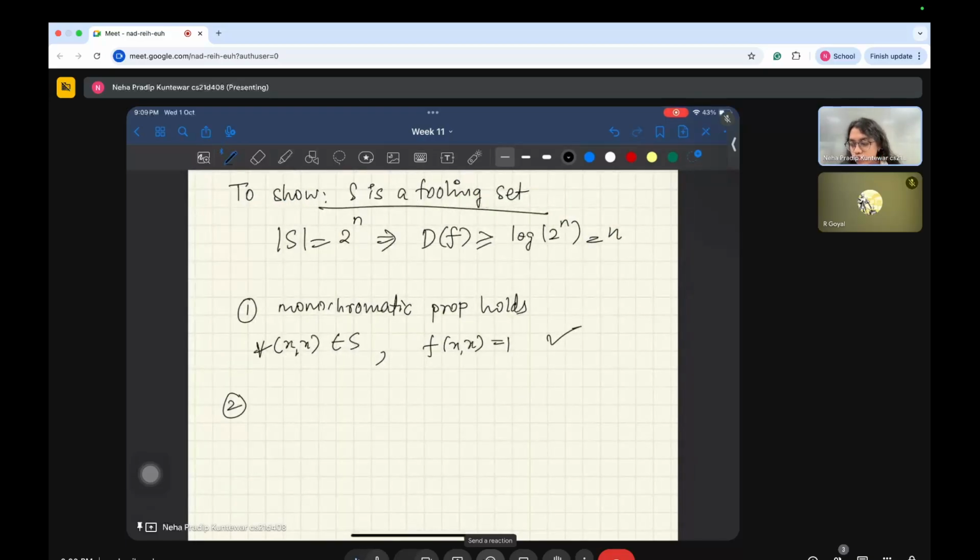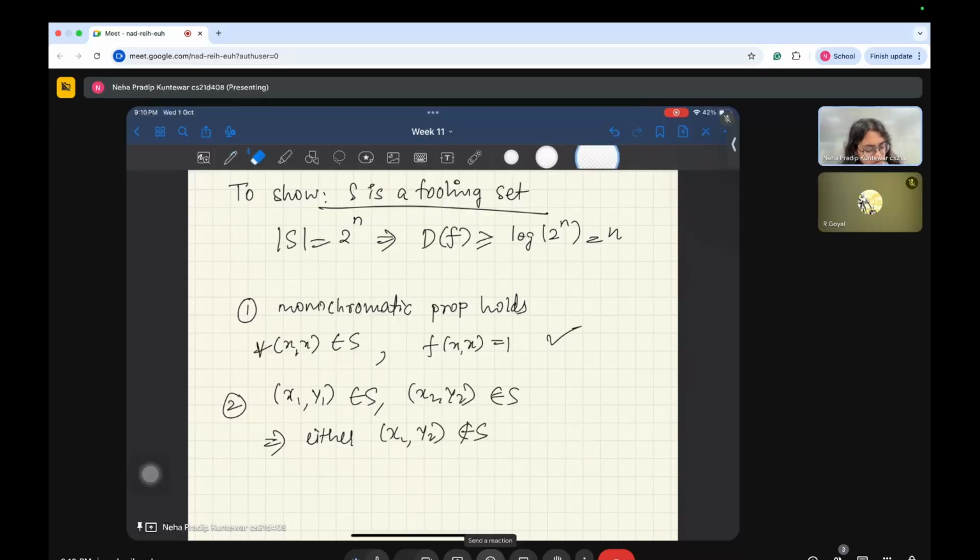The second thing you want to show is that if x1 y1 is in S and x2 y2 is in S, then either f of x1 y2 is equal to 0, or f of x2 y1 is equal to 0.